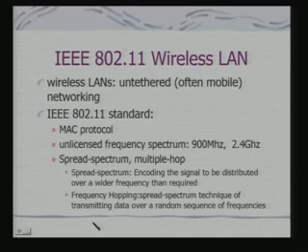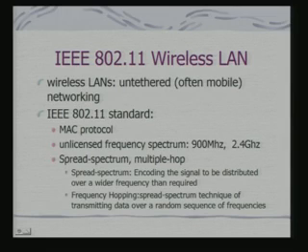This uses spread spectrum. What is spread spectrum? The baseband signal is distributed over a wider frequency range than is required. Typically, all these use multi-hop spread spectrum, which means you use multiple frequency slots.